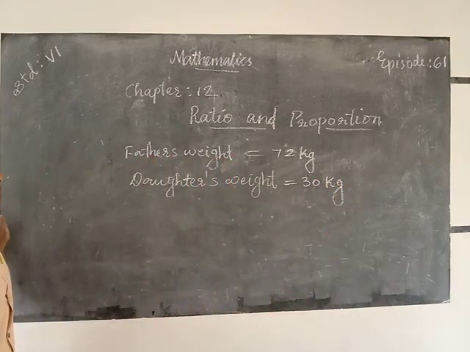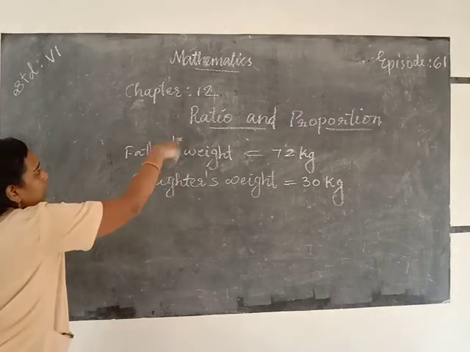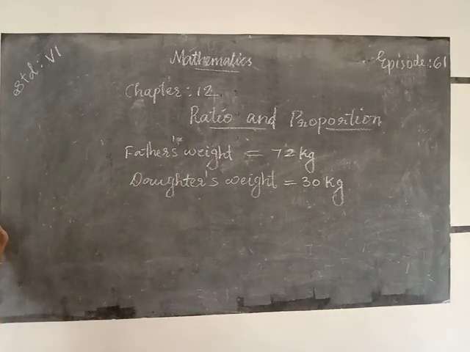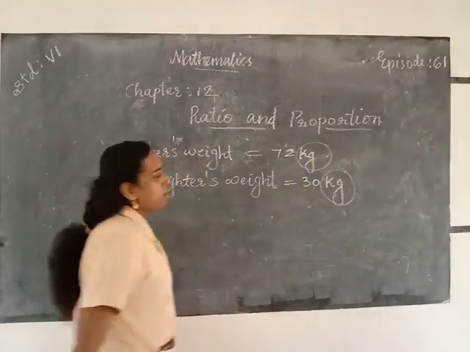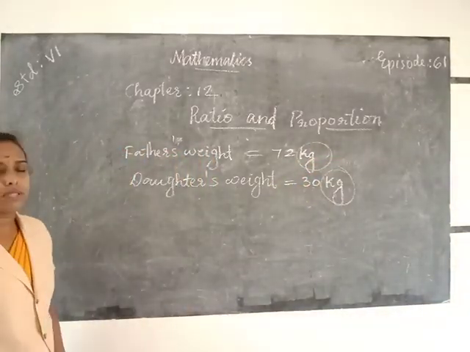so here father's weight is equal to 72 kilogram and daughter's weight is equal to 30 kilogram. So here these two quantities are in the same unit, that is kilogram in kilogram. So we can compare these two quantities using ratio.